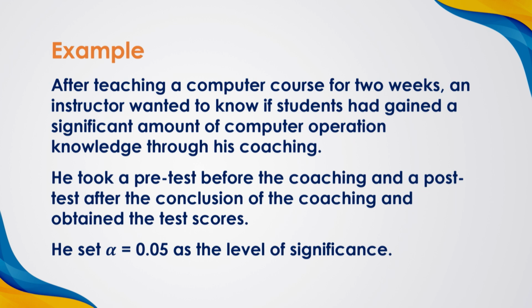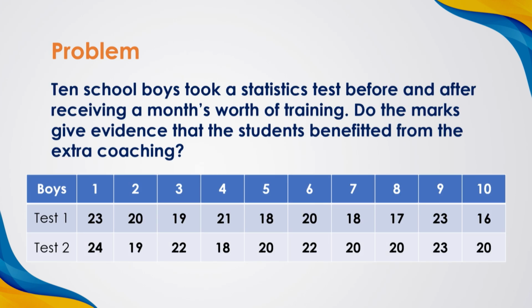He set alpha equal to 0.05 as the level of significance. Now, this is the problem. In this problem, you can see we have only 10 pairs of values, not 20, because it is pairs, therefore 10 pairs of values. Sample size is not more than 10, therefore one should go for a non-parametric test.